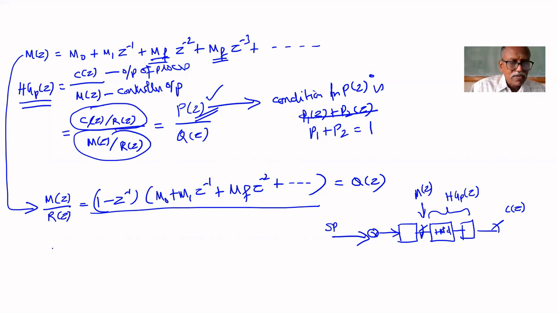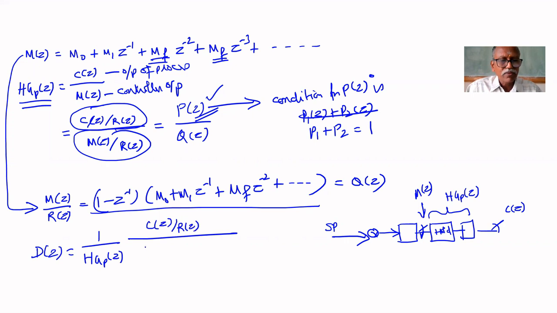Therefore, what is the controller? D of Z equals 1 upon HGP of Z multiplied by C of Z upon R of Z, whole divided by 1 minus C of Z upon R of Z.